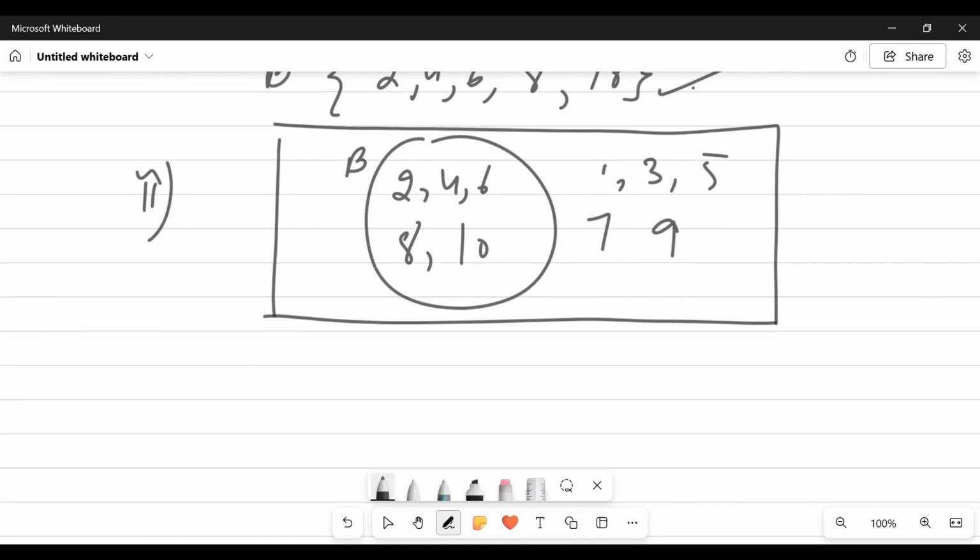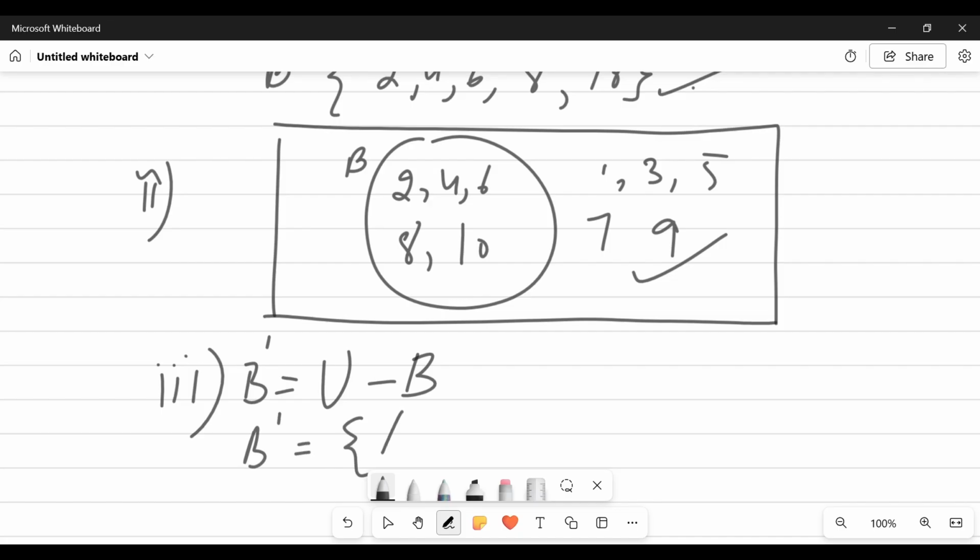As I told you in the previous question, B complement means U minus B, so the elements of B are subtracted from the universal set. So the B complement answer is 1, 3, 5, 7, and 9.